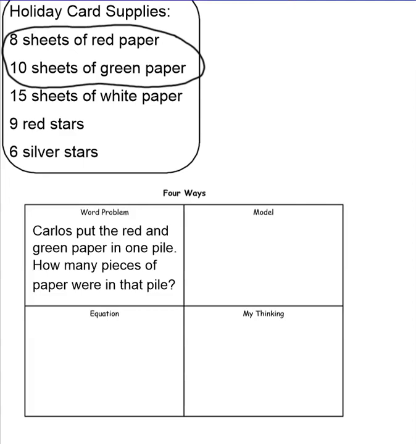So Carlos put the red and green paper in one pile. Can we represent the red paper? How many pieces of red paper did he have? That's right, he had 8. Can we model 8? So I have 4 so far.